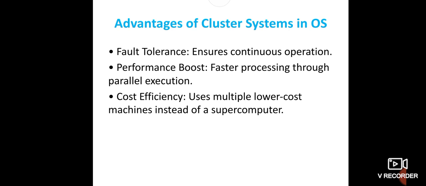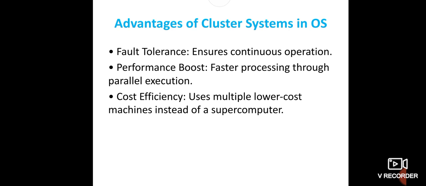Now we know the advantages of cluster systems in OS: fault tolerance, performance boost, and cost efficiency. In fault tolerance, as we discussed in distributed systems, the system has the ability to tolerate and handle failures. It is similar in the cluster system.